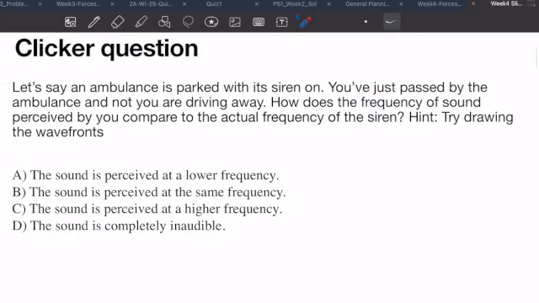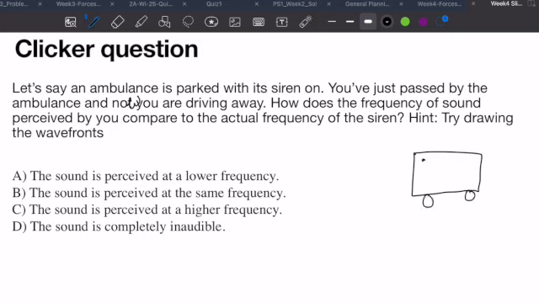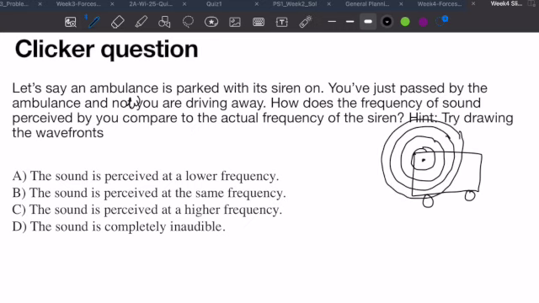And then this next question says, now let's say the ambulance is parked with its siren on, and you just passed by the ambulance, and now you are driving away. How does the frequency of the sound perceived by you compare? So same deal again. The ambulance is parked here, and it outputs wave fronts that are equally spaced because it's not moving.